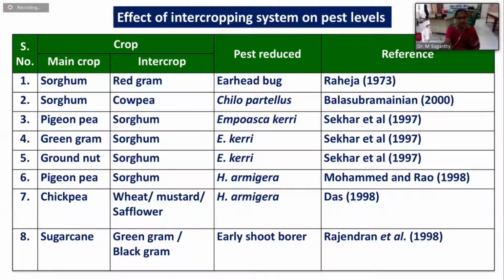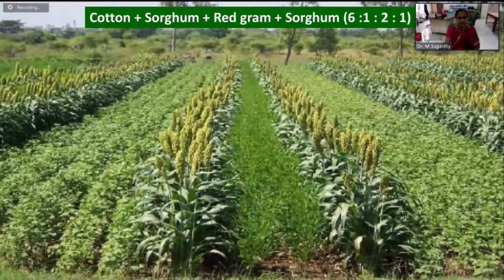This is the famous intercropping system followed in India: cotton, sorghum, red gram at a 6:1:2:1 ratio. It prevents the maximum damage caused by pests in the main crops, namely cotton as well as red gram. This is also another important intercropping system, where we have cowpea as an intercrop in sorghum, which reduces the population of stem borer.